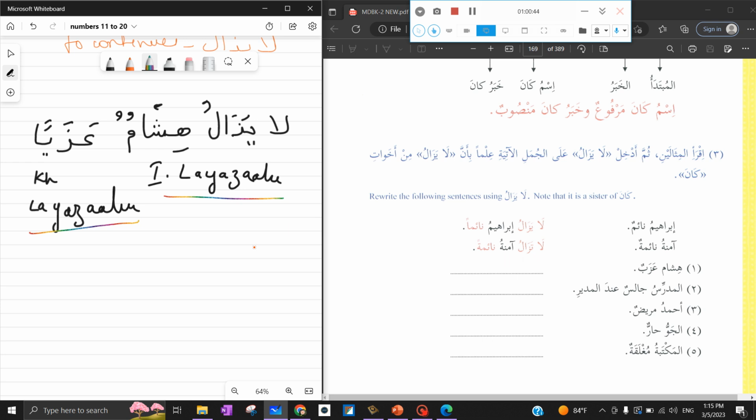And in irab, if you say la yazalu, what will be the irab of la yazalu and ma zala? The irab will be fiil naqis min akhawati kana, because these are from the sisters of kana. Now we will do al-mudarris jalisun indal mudiri.